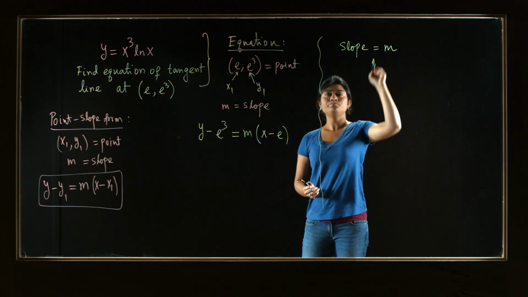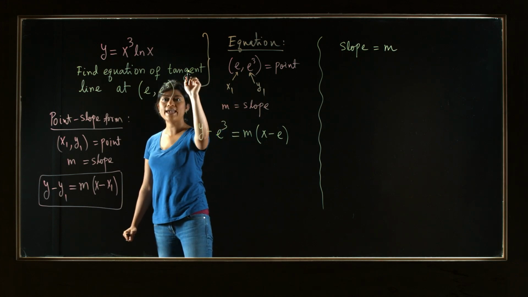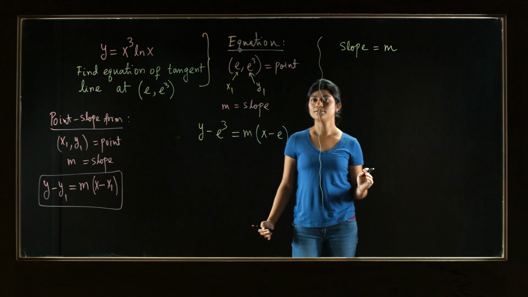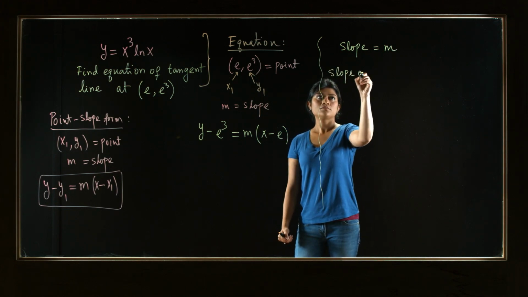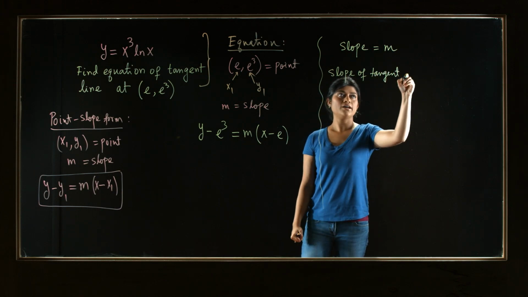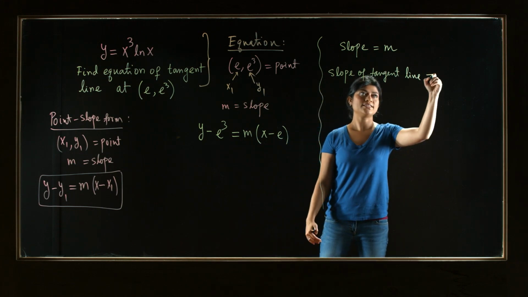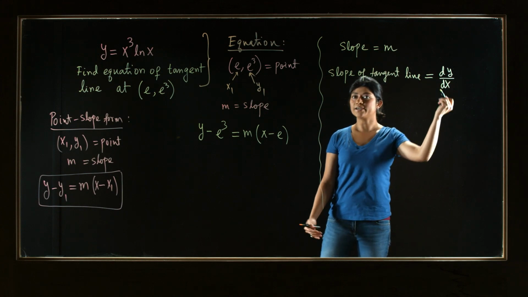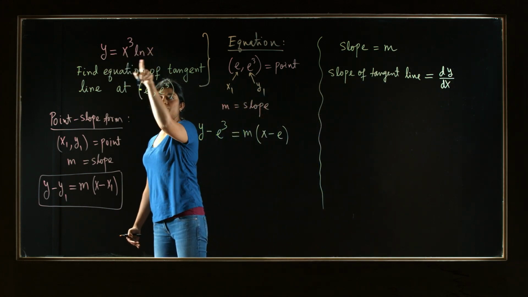Slope is m. Now, what do we know about the slope of a tangent line? How do we compute it? Since it's a tangent line to the graph of some function, that is nothing but the derivative of the function, dy/dx. We have our y, the function written right here.